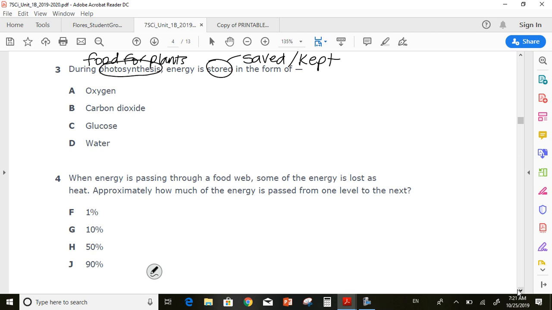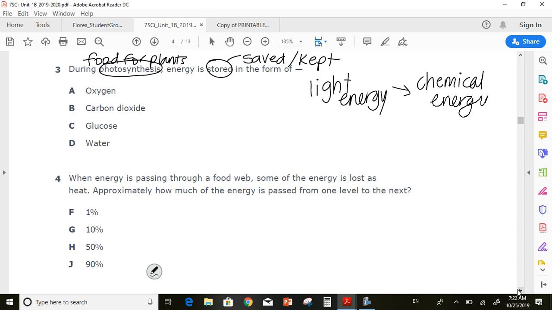Well, we just said that it goes from light energy into chemical energy. So now we gotta find something that's chemical energy.